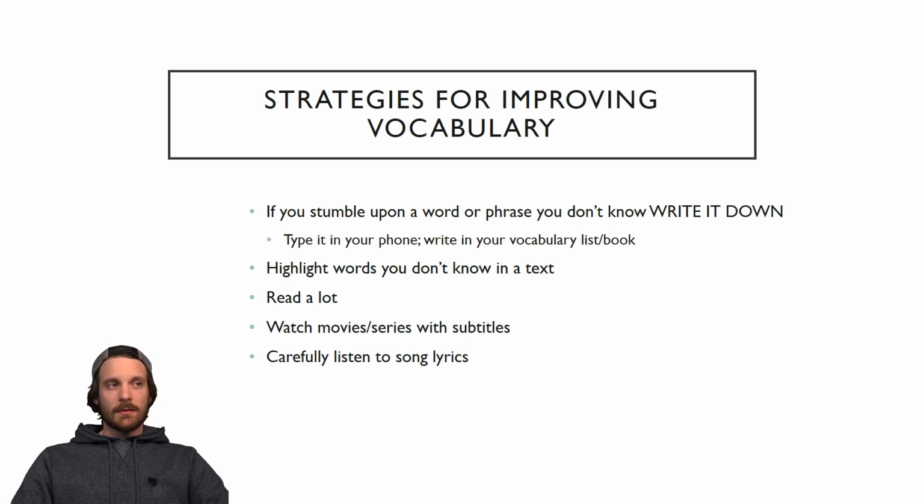Now we're going to talk about strategies of how to improve your vocabulary. And basically the first thing I often mention is that if you stumble upon a new word, write it down. Don't only look it up, or even worse, just ignore it.